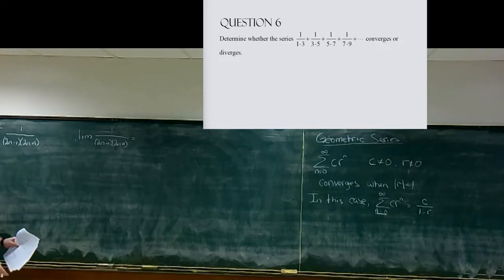Zero. The denominator is increasing. The numerator stays the same. Divergence test fails. And this could either diverge or converge. We don't know. Bummer! Guess it means we're going to have to look at the sequence of partial sums. Because we don't have any other tests right now.